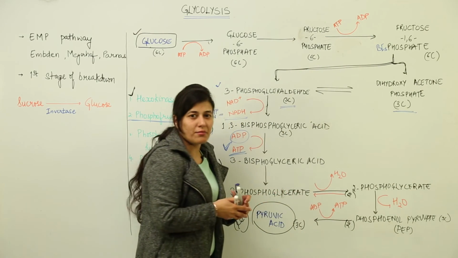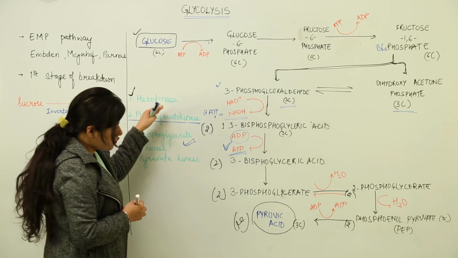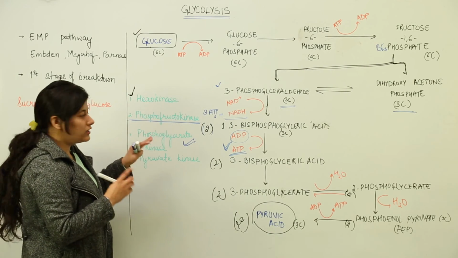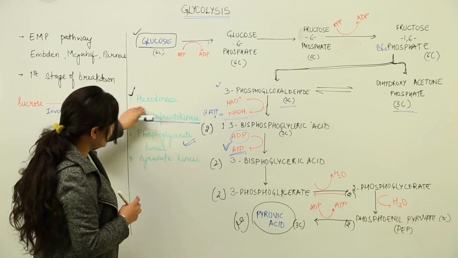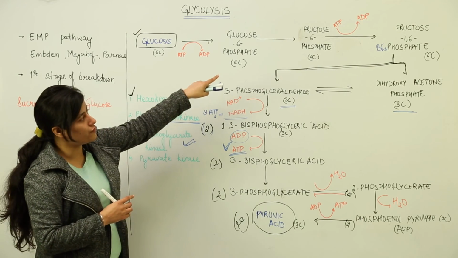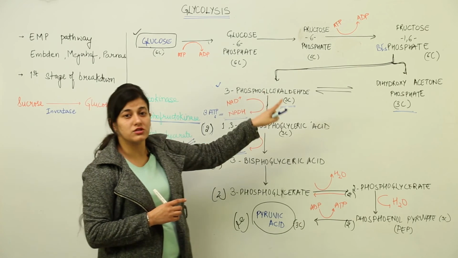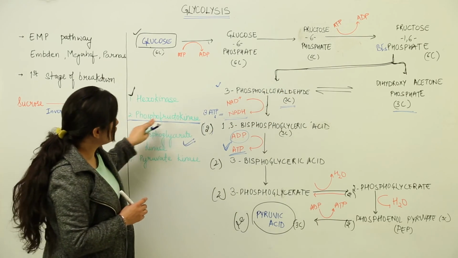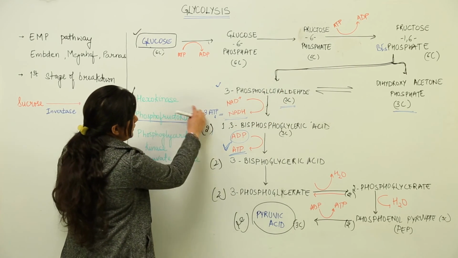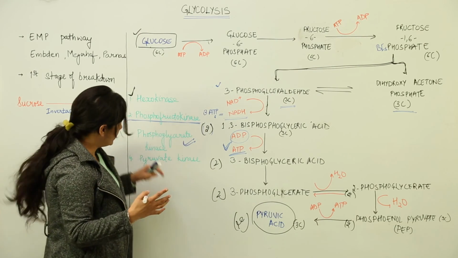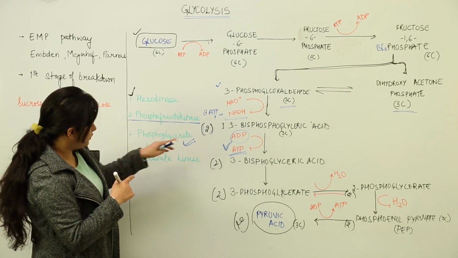What you need to remember, which is a little bit difficult, are the 4 enzymes which are involved. There are the steps which involve hexokinase, that is the addition of phosphate to fructose. Then there is phosphofructokinase. Kinase would be the word wherever there is breakdown required. Then there are more kinases.